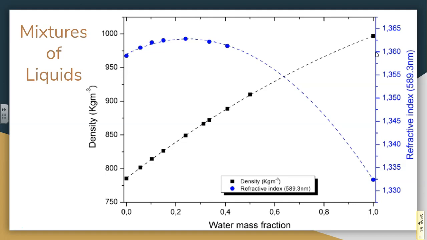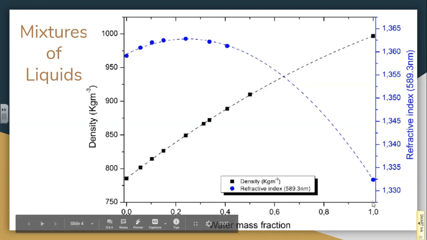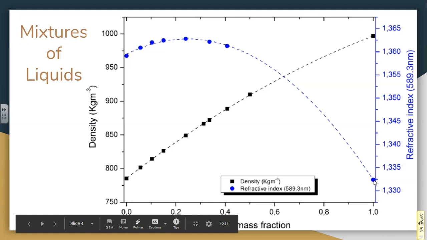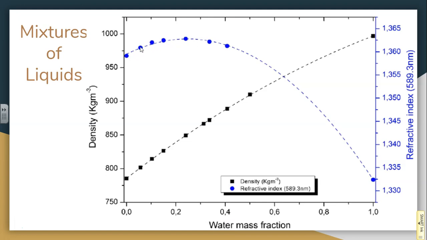And what did we say the index of refraction was of pure water? Here we have water. If the mass fraction is 1.0, it's 100% water, then the index of refraction is 1.33. And that's pretty good. But notice that as the mixture changes from 100% ethanol toward more and more water, the index of refraction changes.